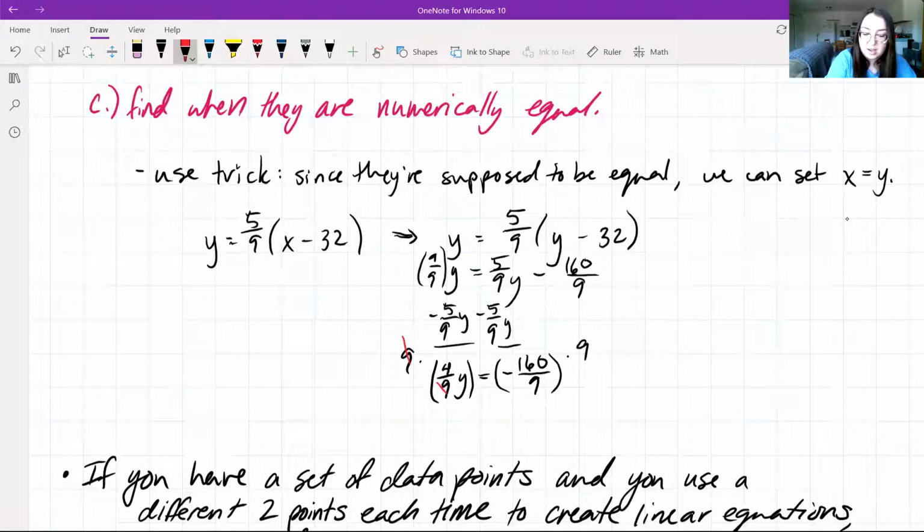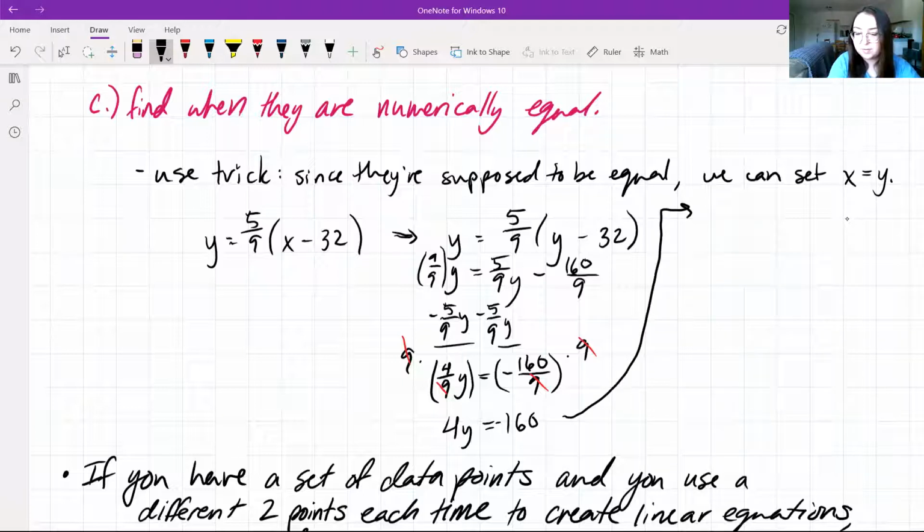Now we have 4y is equal to negative 160. Now we just want to divide by 4, and we get y is equal to negative 40. And this would be in degrees Celsius.